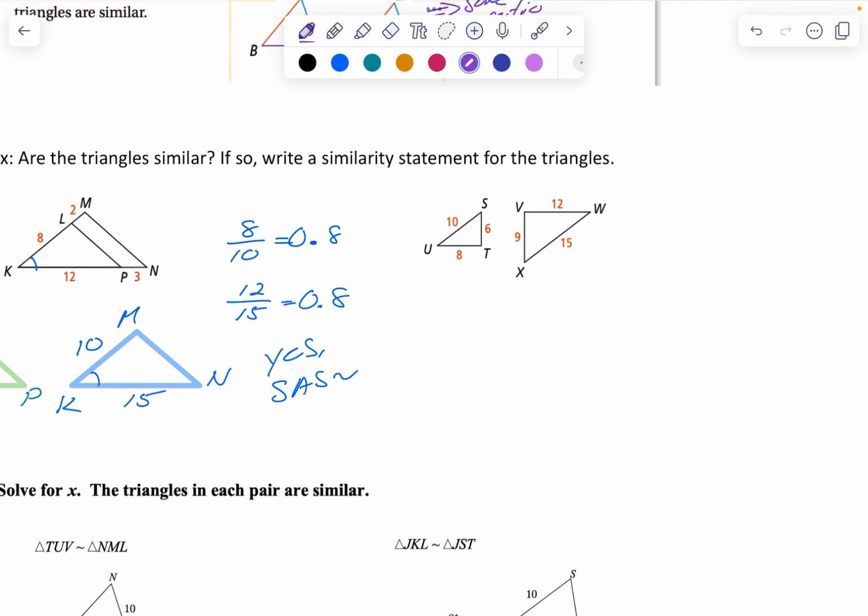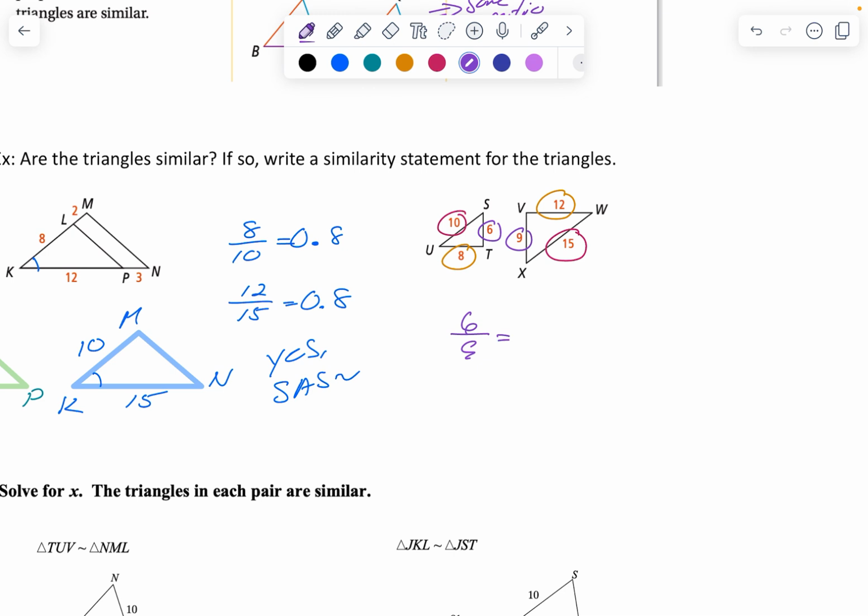And then for this one, let's see, smallest side, medium side, longest side. So 6 over 9 is equal to 2/3, or 0.6 repeating.